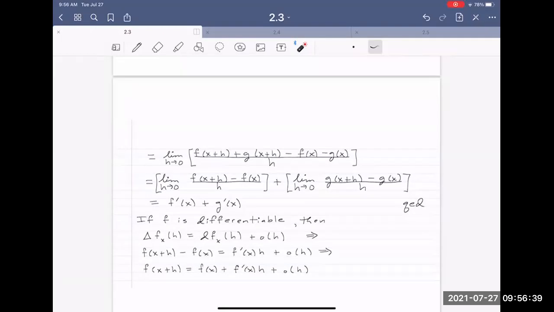It's from Loomis and Steinberg. If f is differentiable, then delta f sub x at h is equal to d f sub x at h plus little o of h.